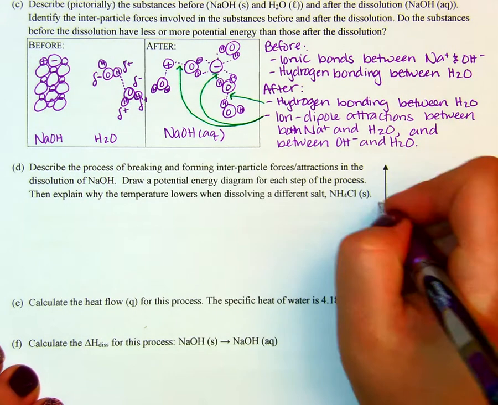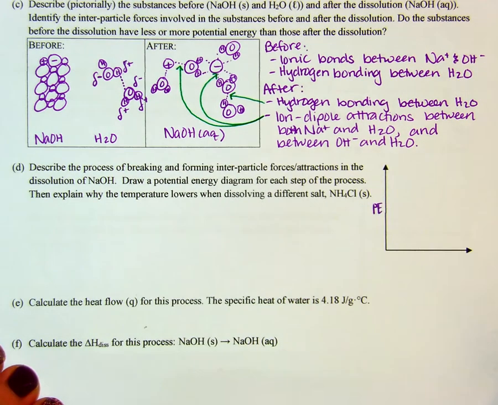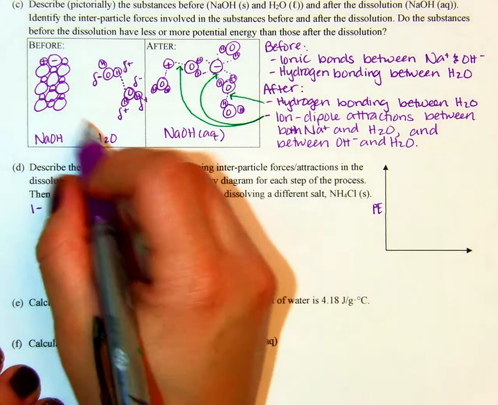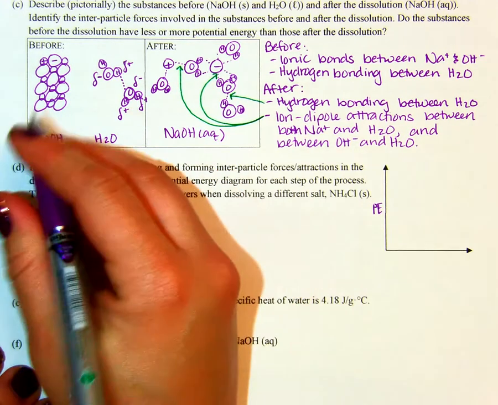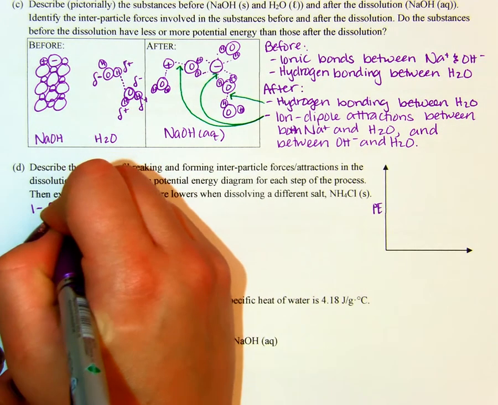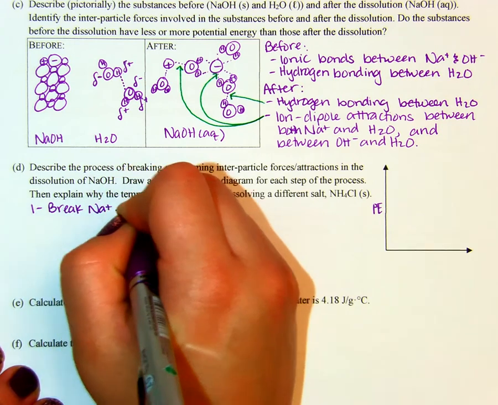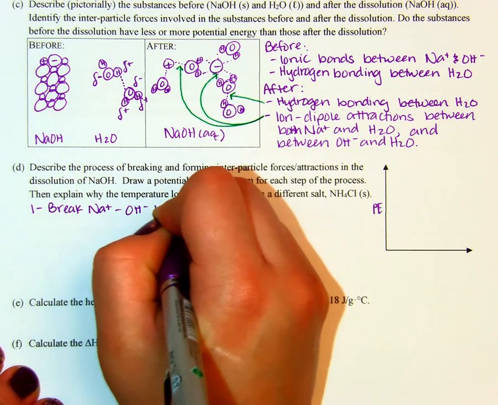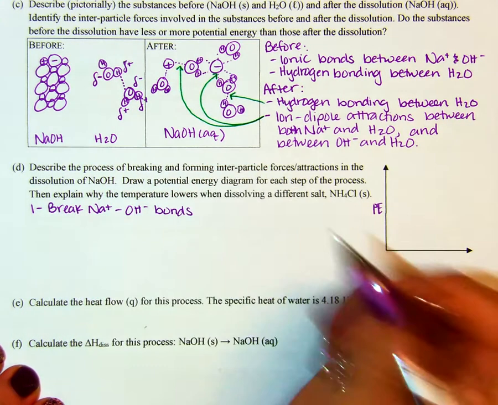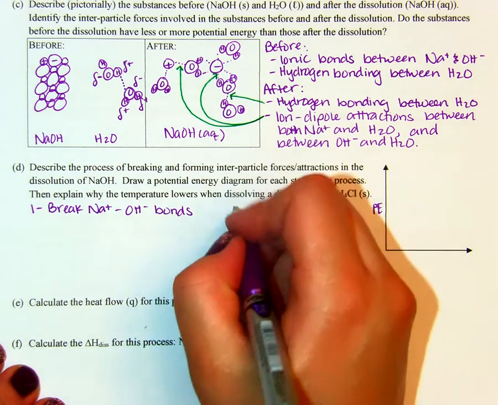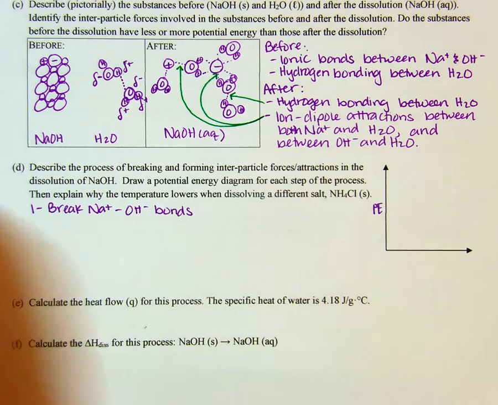So on the y-axis, we'll have PE for potential energy over there. So our first step that happens in this reaction is we're going to break these sodium and hydroxide bonds. So we're going to break Na+ to hydroxide bonds. Okay, and that breaking of those bonds, that's going to be endothermic.